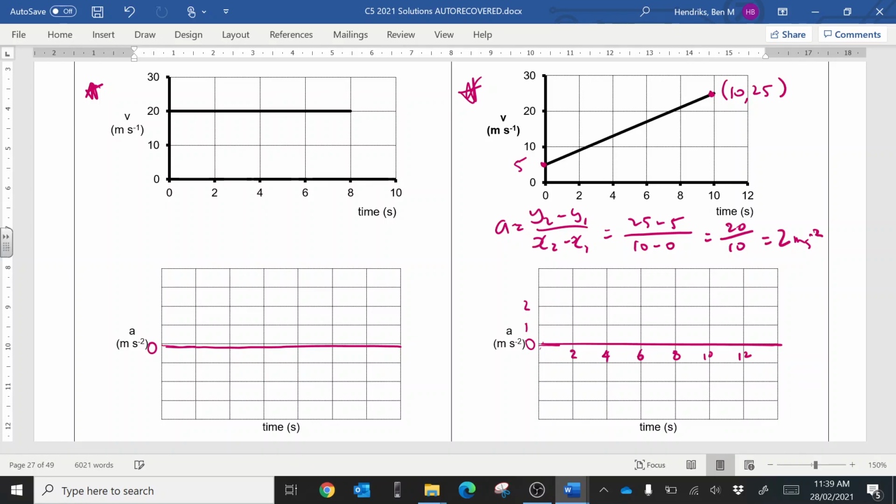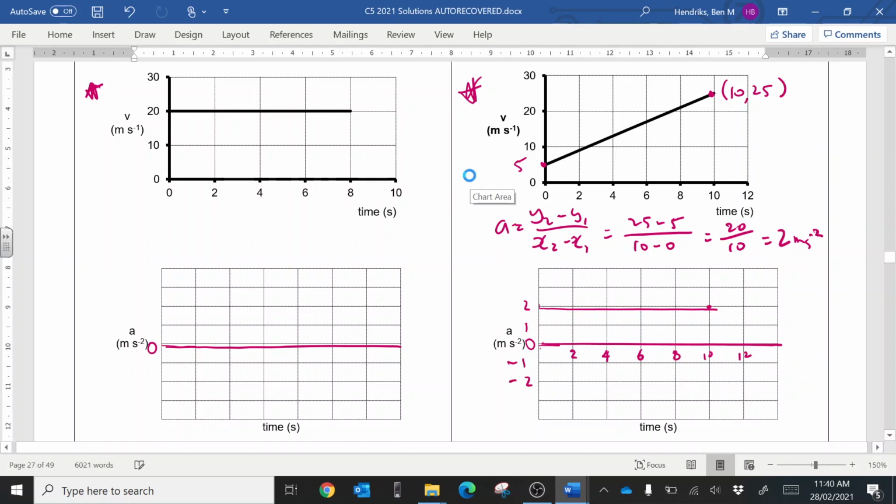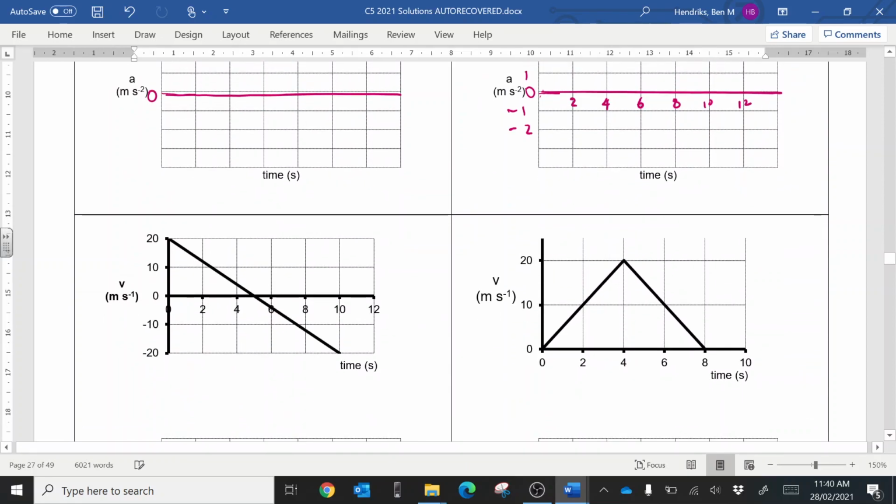It goes for 10 seconds, and it's just at 2 for all these times. And we've got our line. Oops, not quite at the same spot, it should be at 2. Maybe you can draw it better on your graph. So this would be -1, -2, if we're going to label them a bit more. Okay, good.